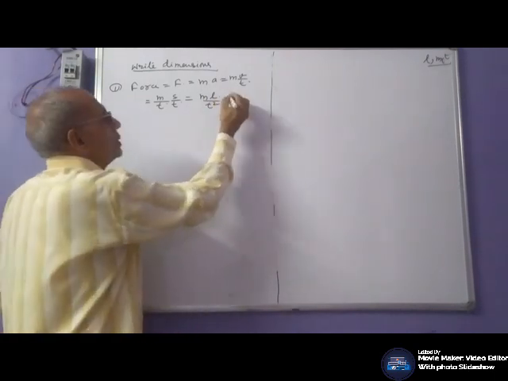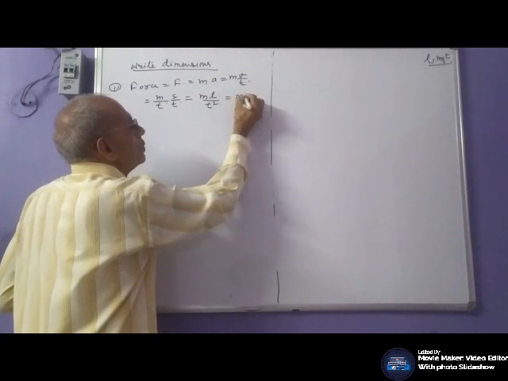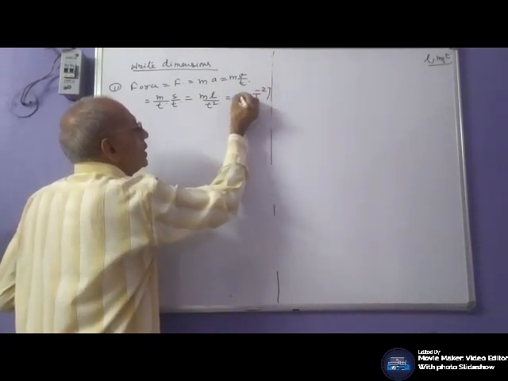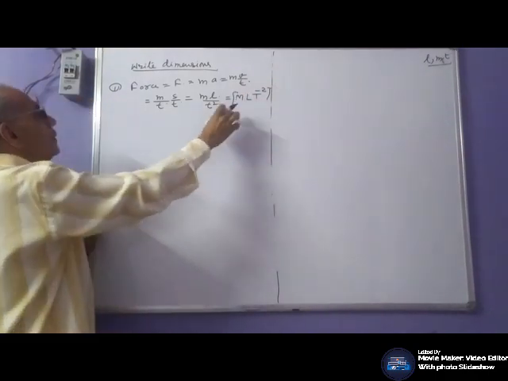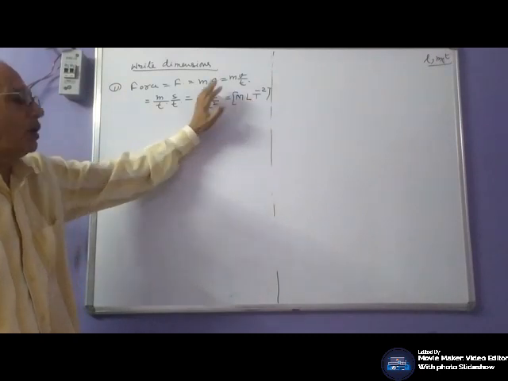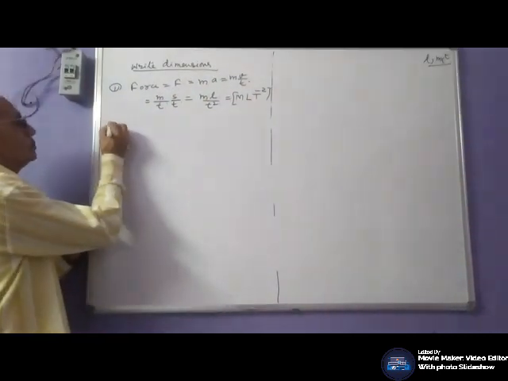T is square. So this is capital M, capital L, capital T, and capital bracket. These are dimensions for force. This is the dimensional formula for force.